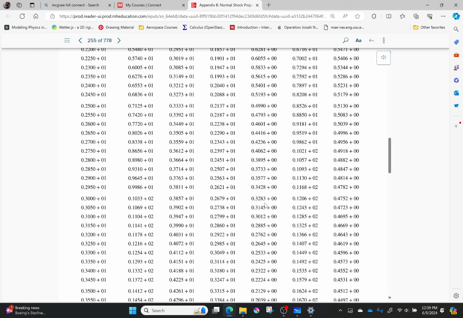I wish they traveled with us, but this is the column right here. This is the total pressure ratio column. So I see that I have a total pressure ratio of 0.3283. Ooh, it lost 70% of its total pressure, 70% of its ability to do work going across that shock wave.